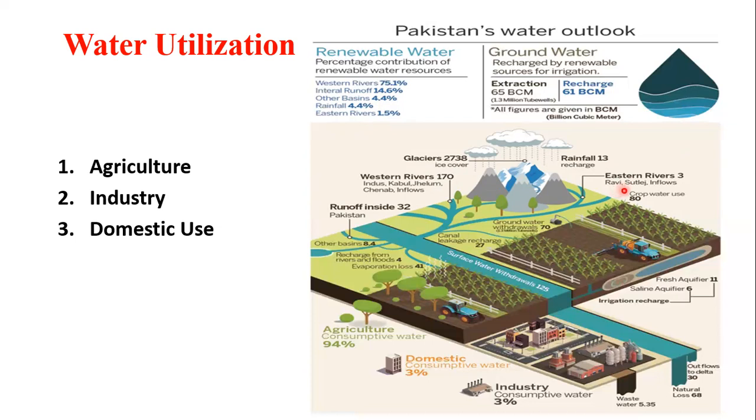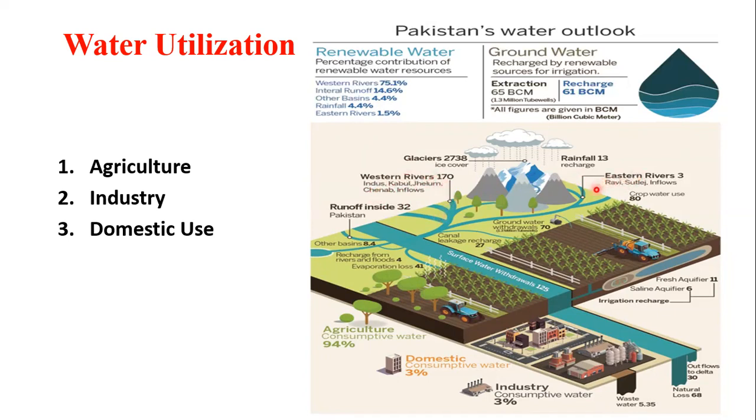Ravi and Satluj provide almost 1.5%. A very little amount of water flows into these rivers because most of the water is controlled by India. Western rivers, Indus, Kabul, Jhelum, Chenab, fine, are called the western rivers.